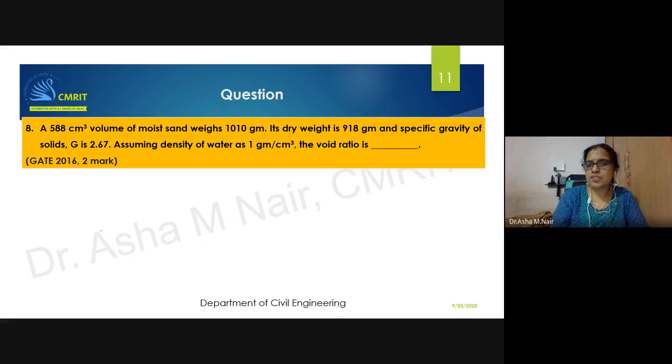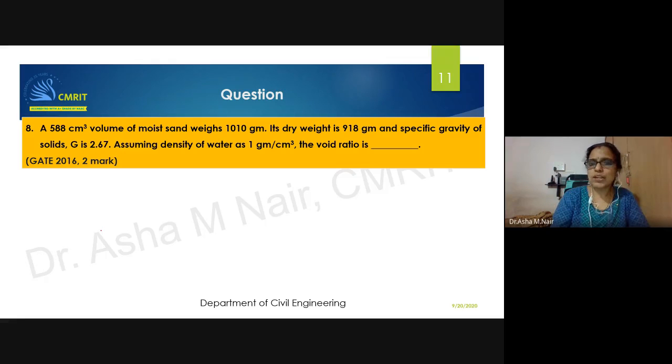So here you are asked to find out the value for e. So what are you given? You are given the volume. You are given the moist sand. What does it mean? You will be getting the value for wet density, rho. What is the value for rho? Rho is nothing but mass by volume, which is nothing but 1010 divided by 588.